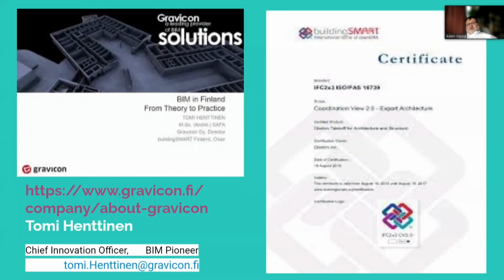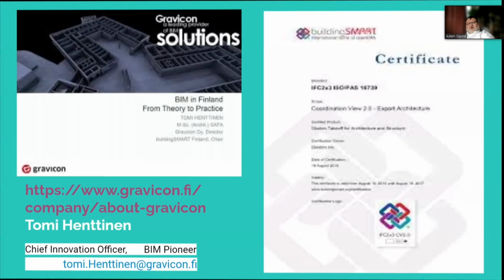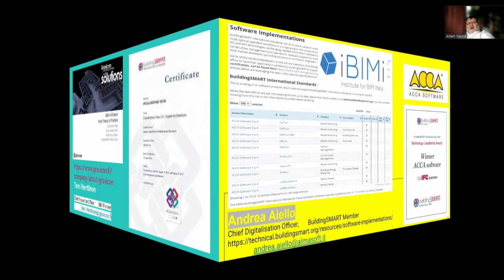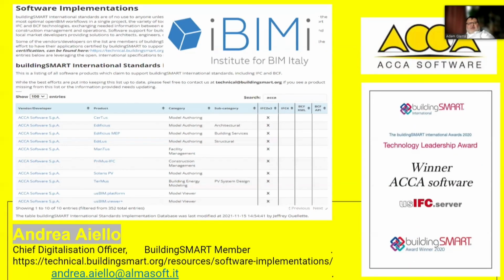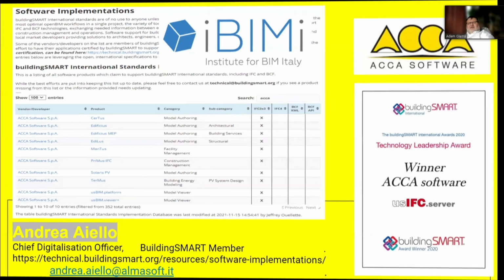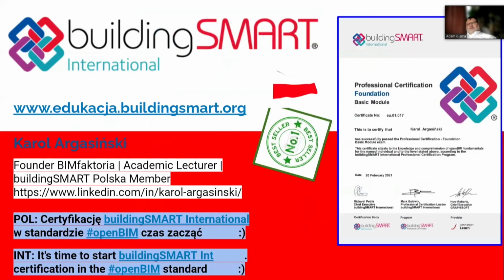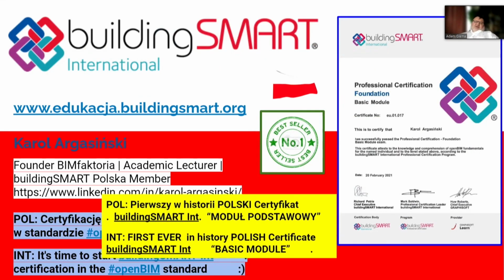And here we have the Finnish-Danish company issuing such certificates based on buildingSMART. And an Italian example from the company ACCA, a software producer who is also a participant in the standardization process, who is also a member of buildingSMART and clearly runs trainings issuing buildingSMART certificates.